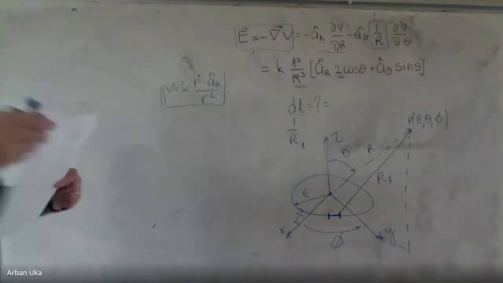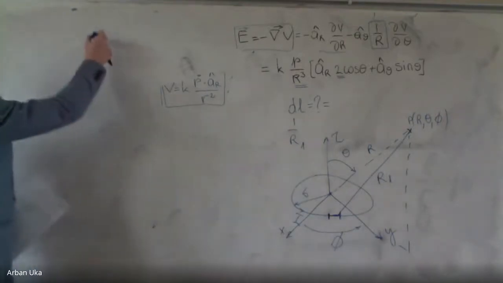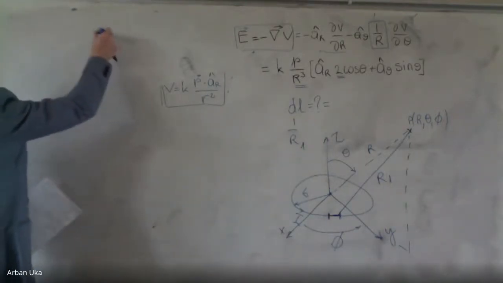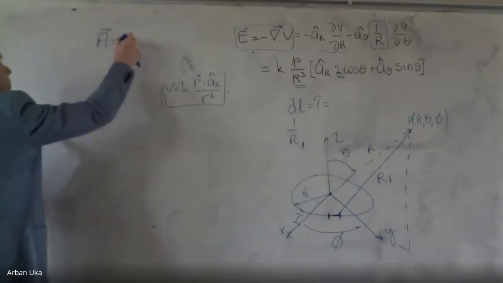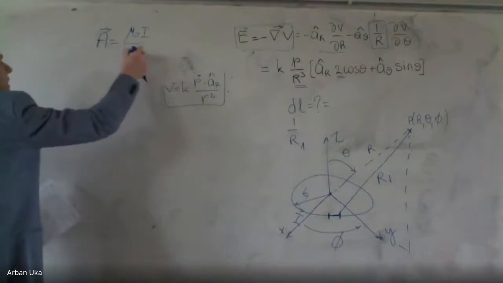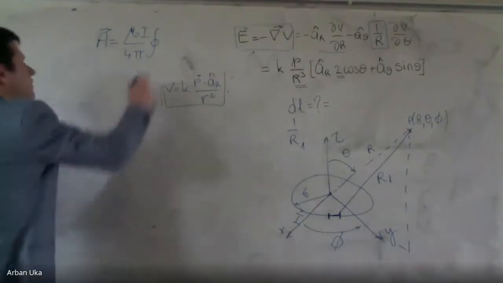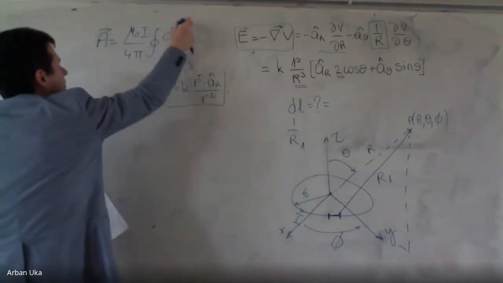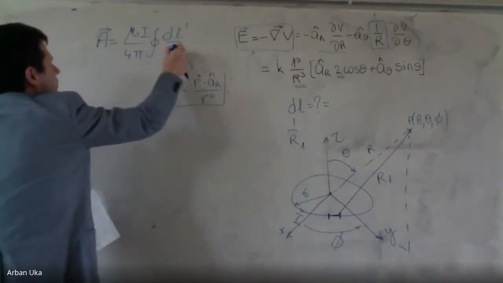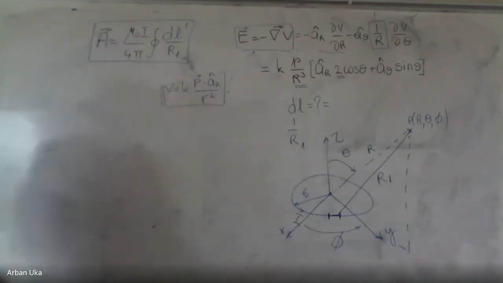We can define the magnetic field potential A, which is going to be equal to mu0 I over 4 pi times the closed line integral of dl prime over R1 in this case. So this is the magnetic field potential A.